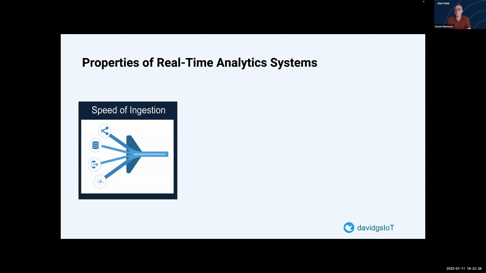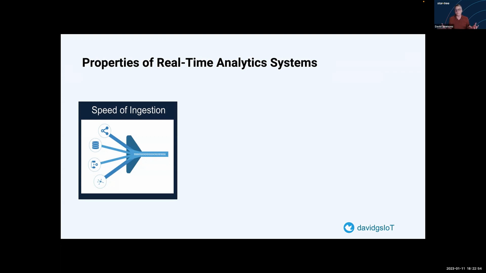So properties of real-time analytic systems that are super important are speed of ingestion. I may be ingesting millions of data points, millions of events per second. And I may be ingesting them from Kafka and from a MySQL database and from a NoSQL database and from almost any other source.